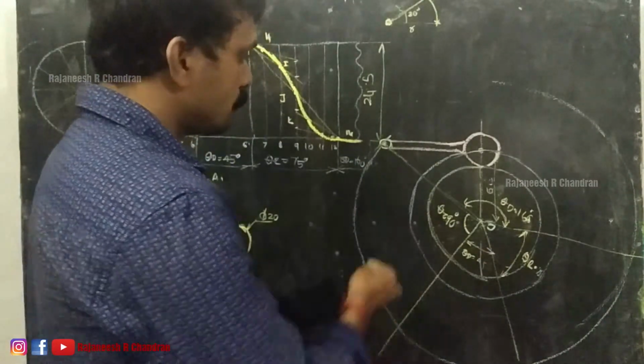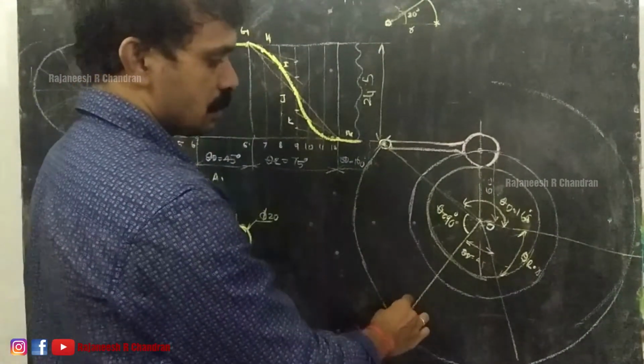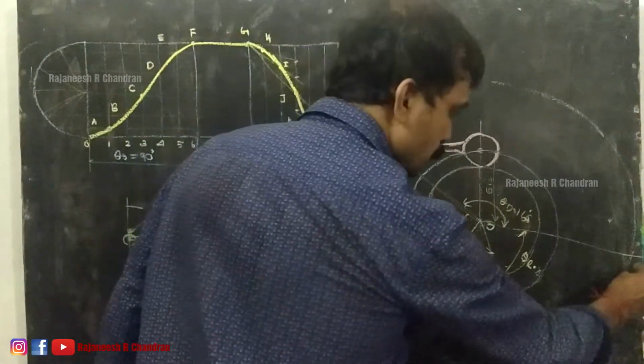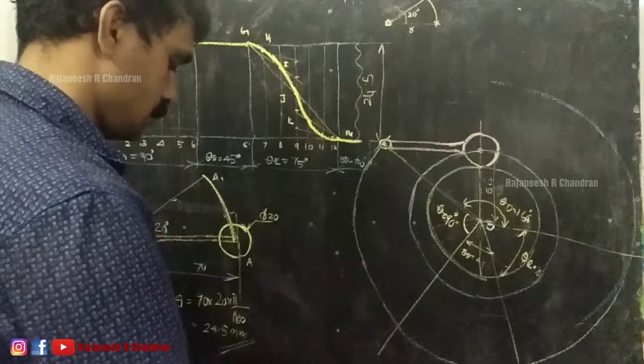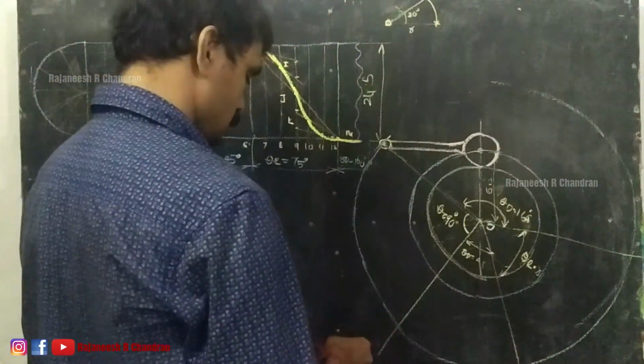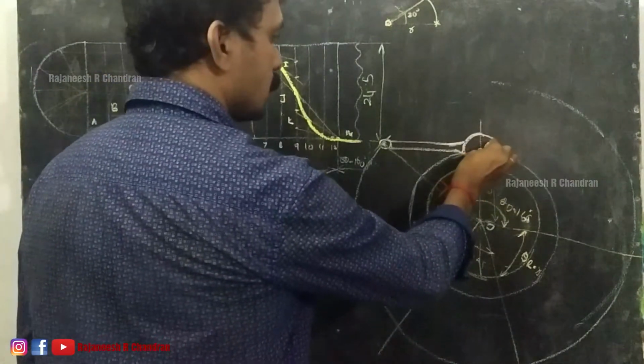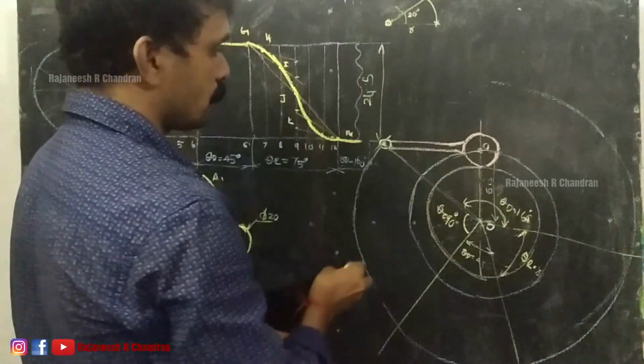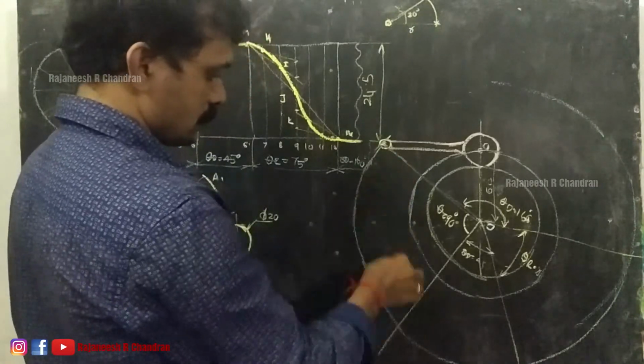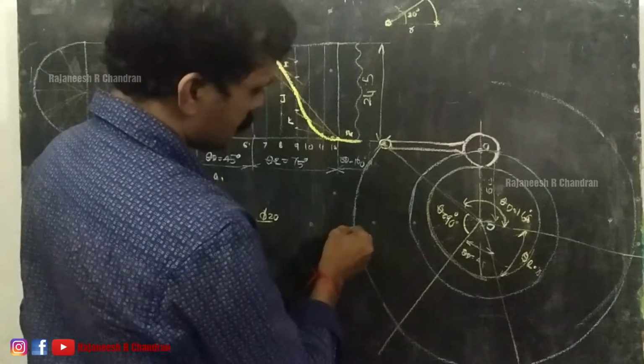What will be the next step? Divide this portion into 6 equal parts.